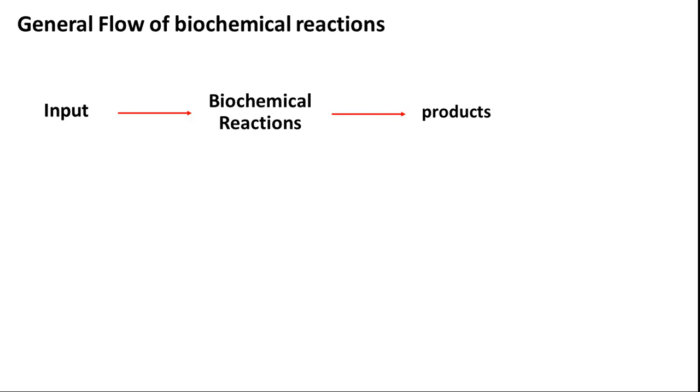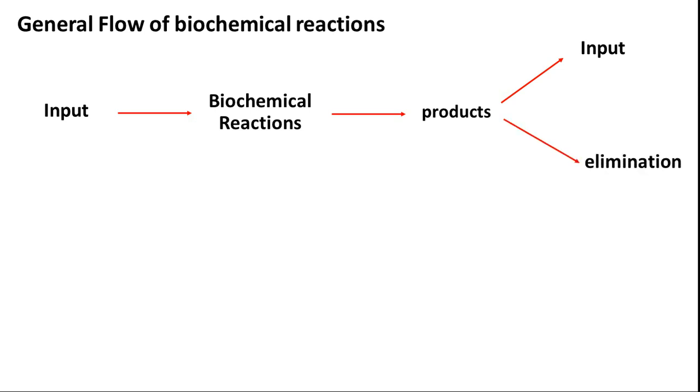These products are chemicals, and they will be useful as inputs for other biochemical reactions, like in bigger biochemical cycles such as the Krebs cycle, glycolysis, etc. So a product obtained from a biochemical reaction can be used as an input for another biochemical reaction. It is like that.